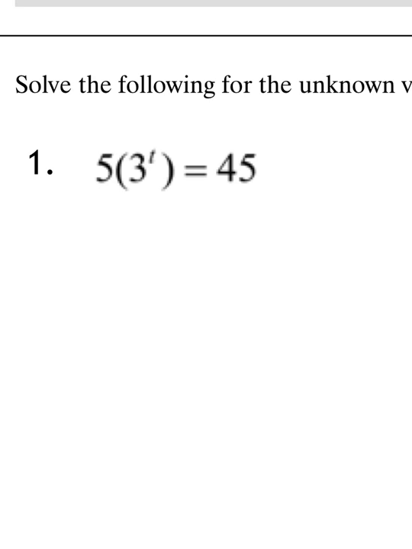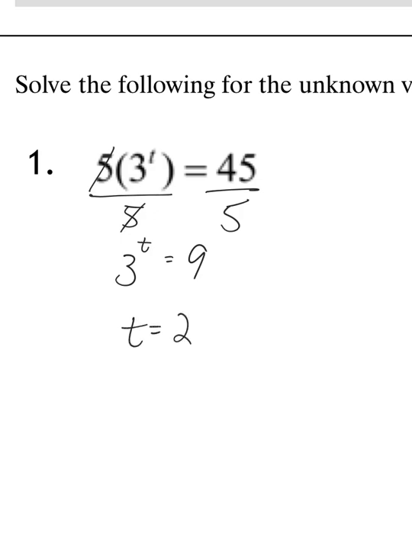For instance, I would divide both sides by 5 to start isolating my power. 45 divided by 5 is 9. I had to look at that. What power of 3 gives you 9? The second power of 3. 3 squared gives you 9, so t must be 2.